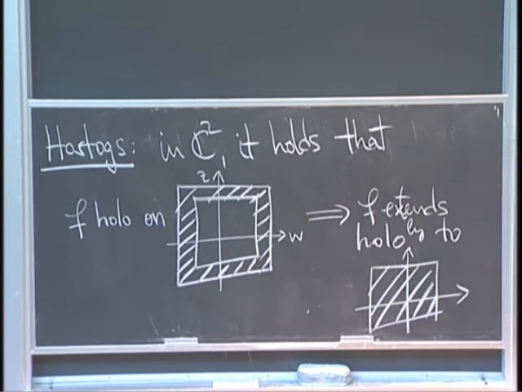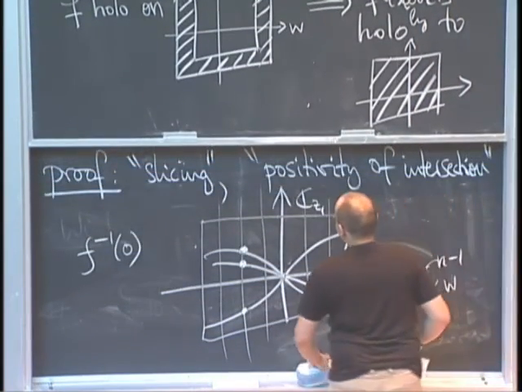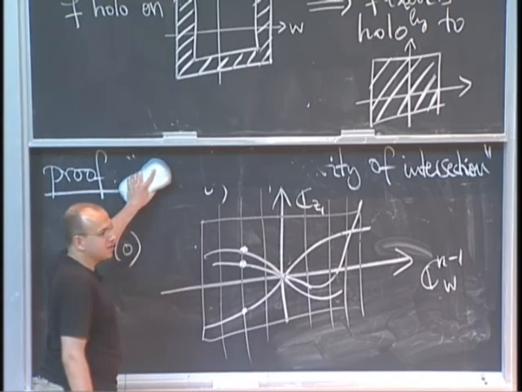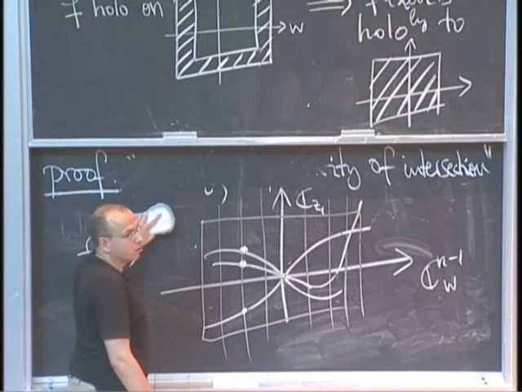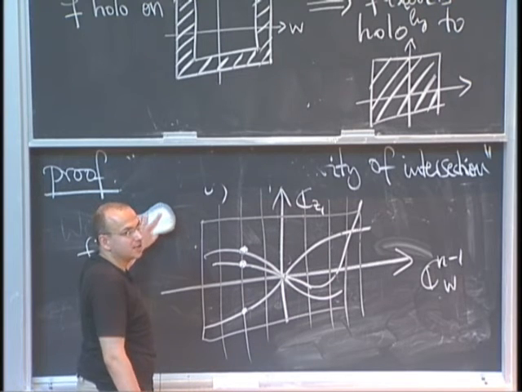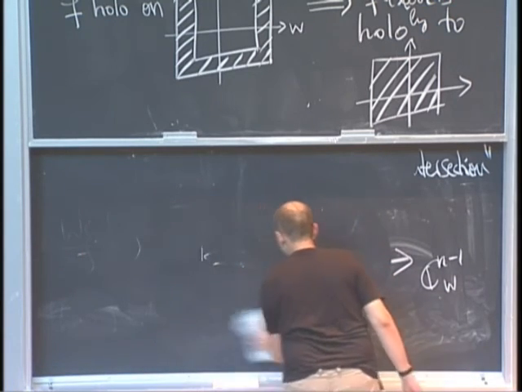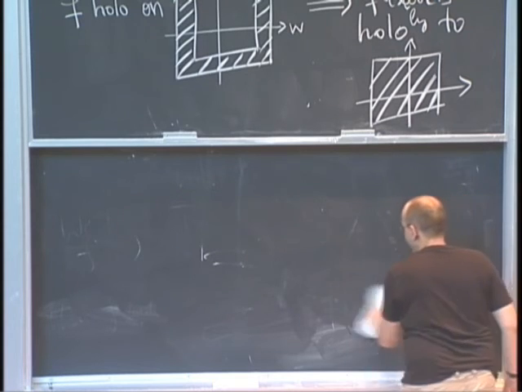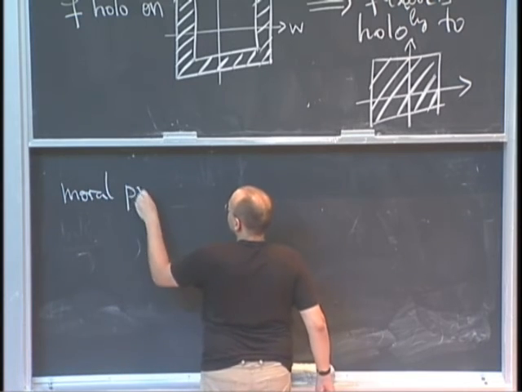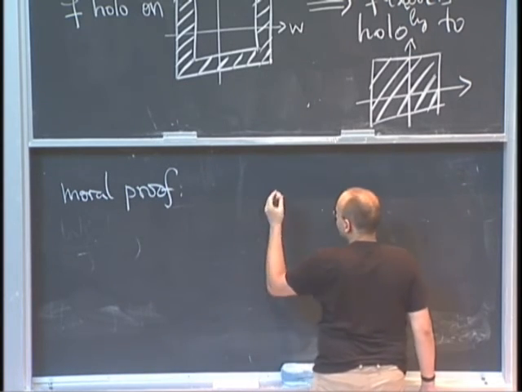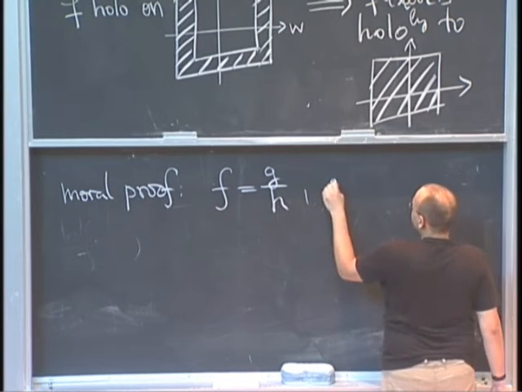And so the right way to think about this, why is this theorem true, is the following. If you think about the simplest holomorphic functions in complex dimension 1 that actually have singularities, that's meromorphic functions, so quotients of holomorphic functions where the denominator has zeros. So the moral reason here, it's not a proof at all in any sense: F is actually equal to G over H, where G and H are holomorphic.